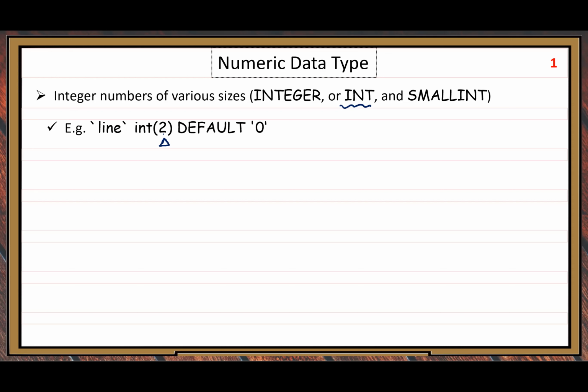That's the default. So you do not have to provide a value when you insert data. If the default value is provided, then you do not have to provide any value for this particular field, so there is no error.